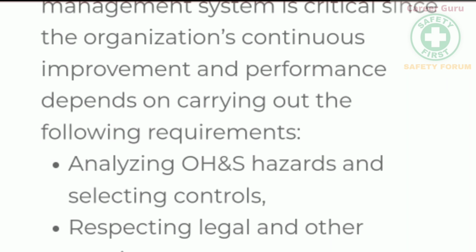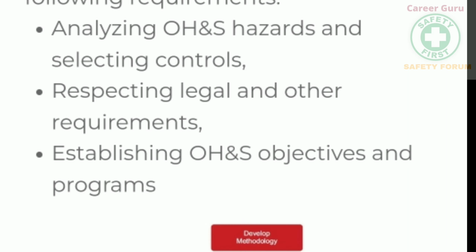The planning phase of the OH&S management system is critical since the organization's continuous improvement and performance depends on carrying out the following requirements: analyzing OH&S hazards and selecting controls, respecting legal and other requirements, establishing OH&S objectives and programs.